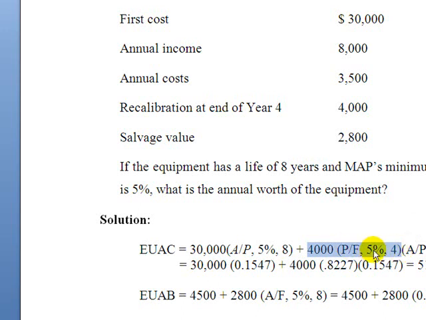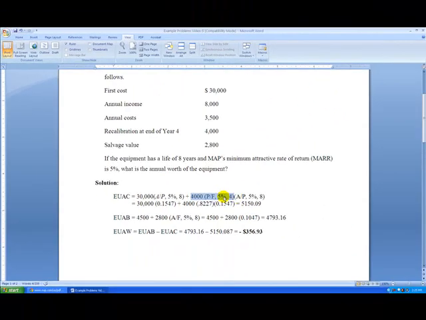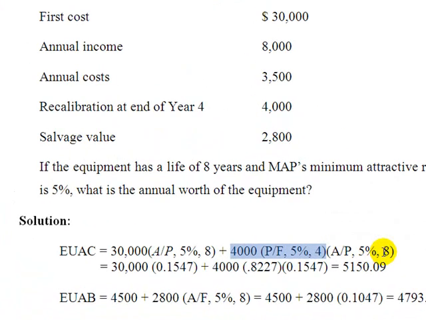So we multiply that whole number by the A given P factor. Interest rate 5% doesn't change, but the number of years is 8, because we are interested in distributing that cost over the 8 years, right?